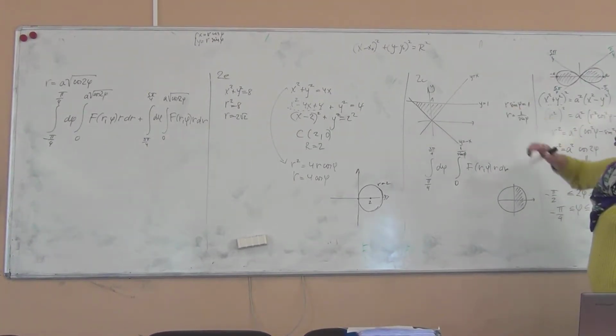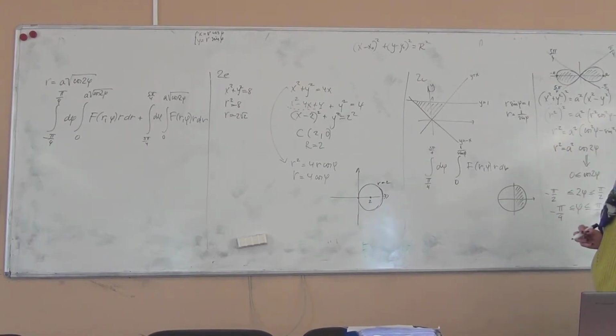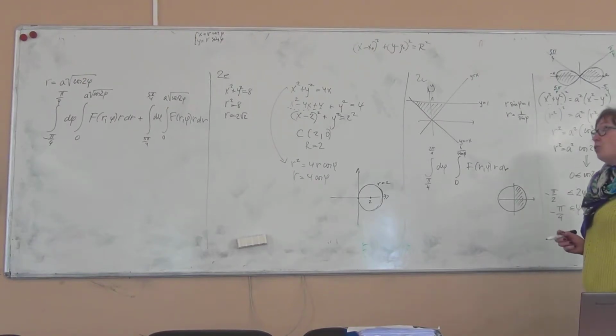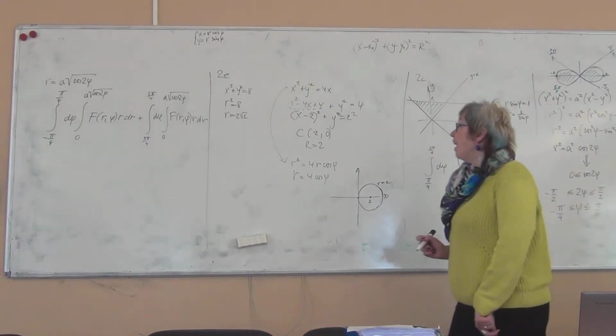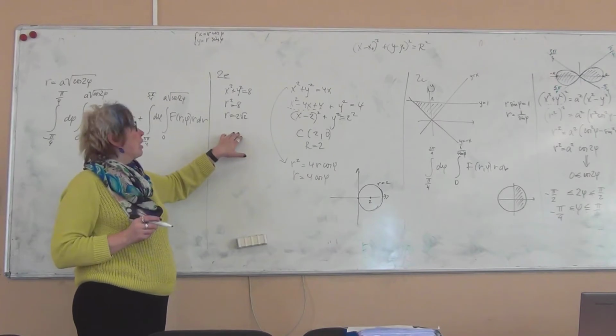That's the more complicated circle. The other circle, the first circle, is simple. The center is at the origin of the pole. The radius is 2 square root of 2, though.